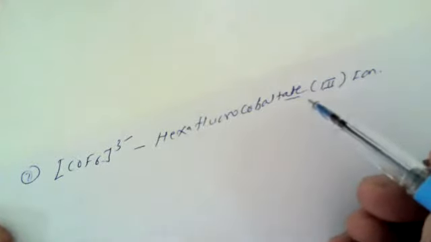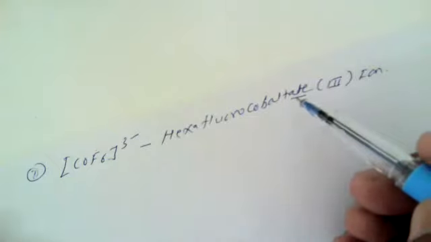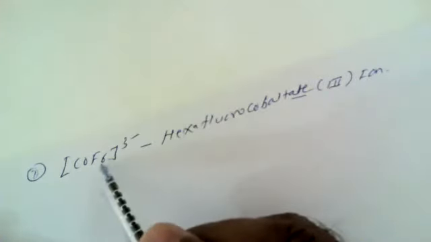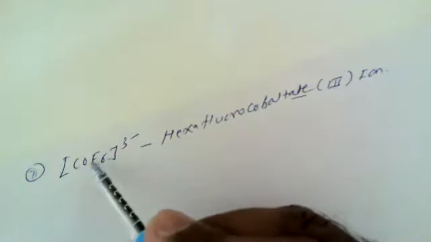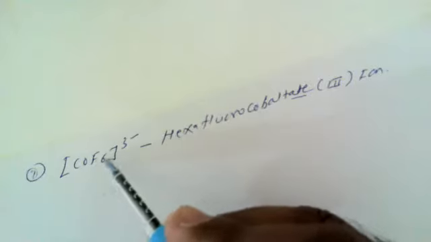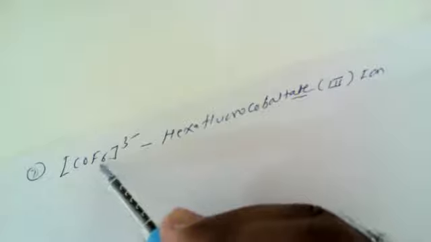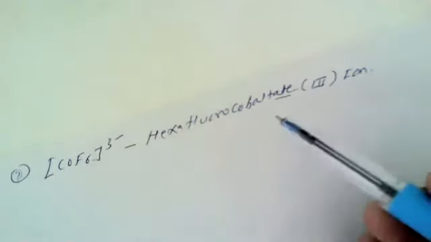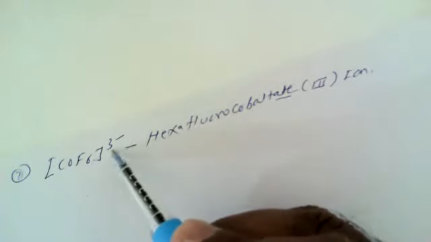It is not cobalt, it is cobaltate, because as per IUPAC nomenclature, when the secondary valencies are satisfied by a negative ion, then the name of the metal ion ends with -ate. The secondary valency in this case is satisfied by 6 fluoro ligands which are negatively charged, hence the name of the metal ion ends with -ate. So hexafluorocobaltate 3 minus ion, because here the primary valence of cobalt is not satisfied and hence it forms an ion.